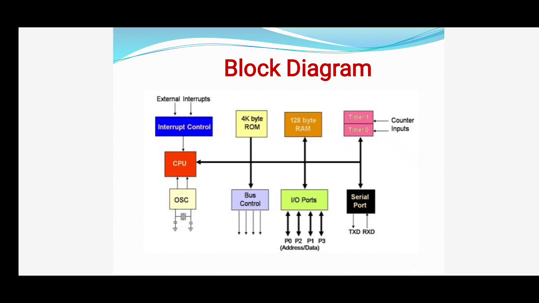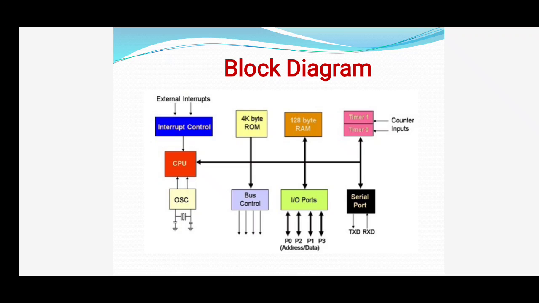All the features discussed in the previous slide are present in this diagram. In this diagram we can see CPU, oscillator, bus, on-chip ROM, on-chip RAM, timers, input output ports, bus control, serial port and interrupt.